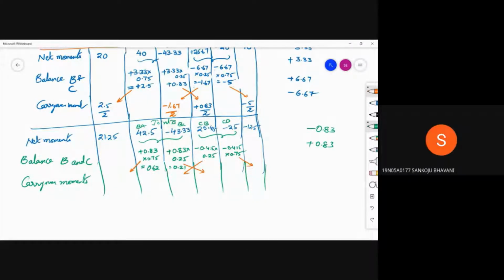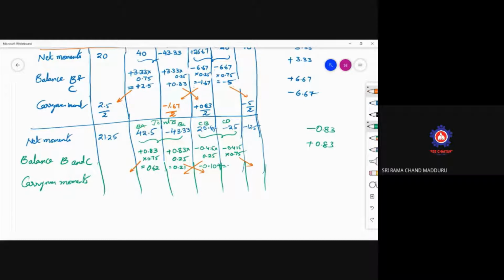It is 0.10375. I can write down it as 0.104, which is negative.